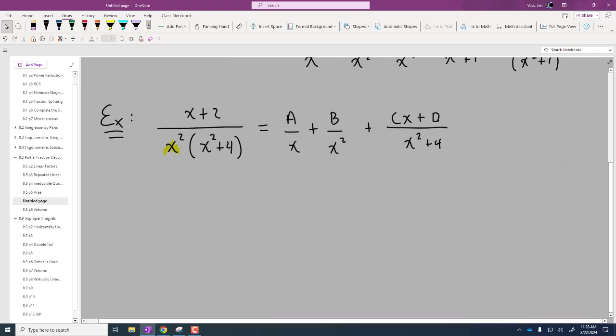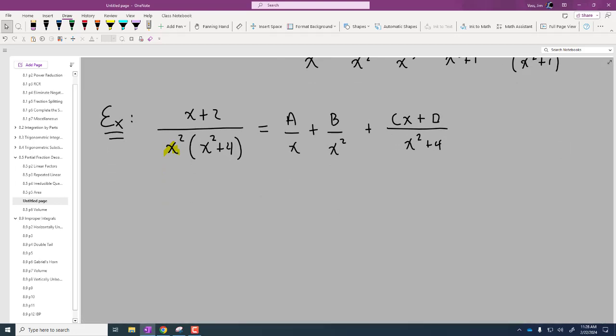Sometimes people will look at that square and say, oh, it's a quadratic. Let's make that instead ax plus b over something. But that is not an irreducible quadratic. This is a repeated linear factor. Everyone agree? So you just have to be careful.